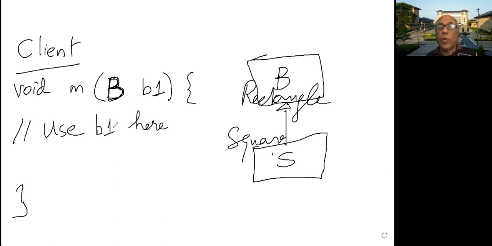Then a square is like a rectangle. That is the idea she had. It was a very fundamental concept that she came up with. And that was brilliant.